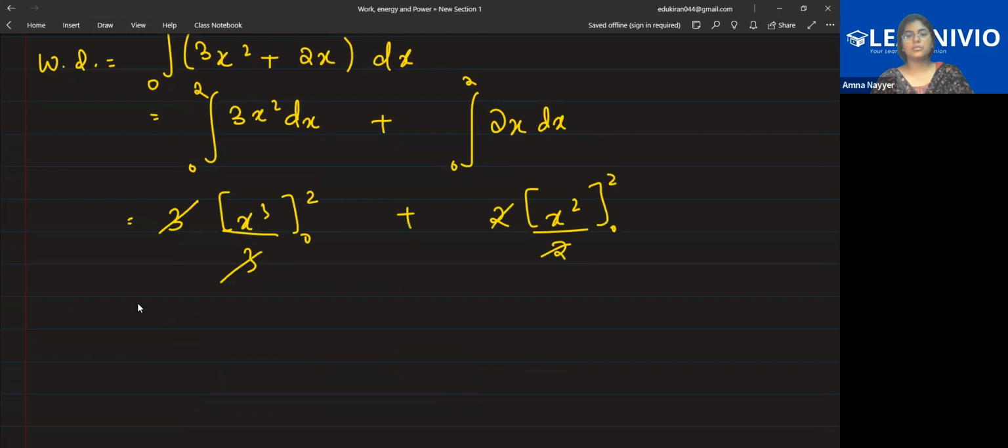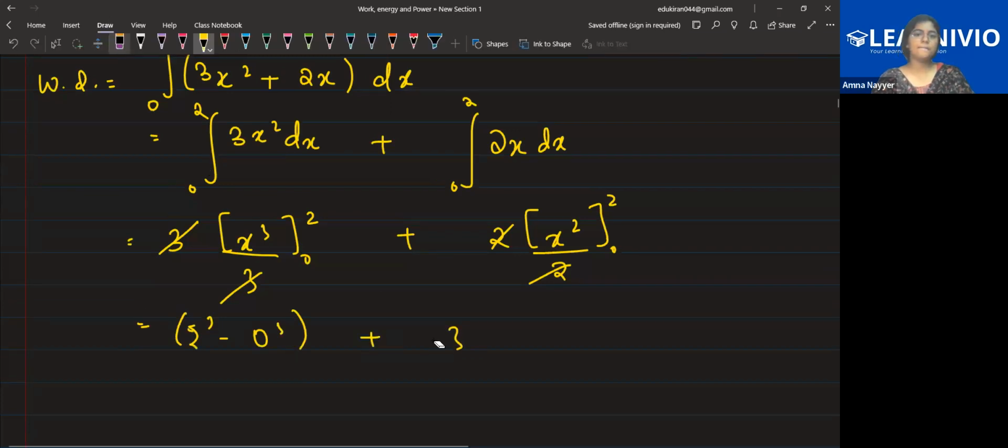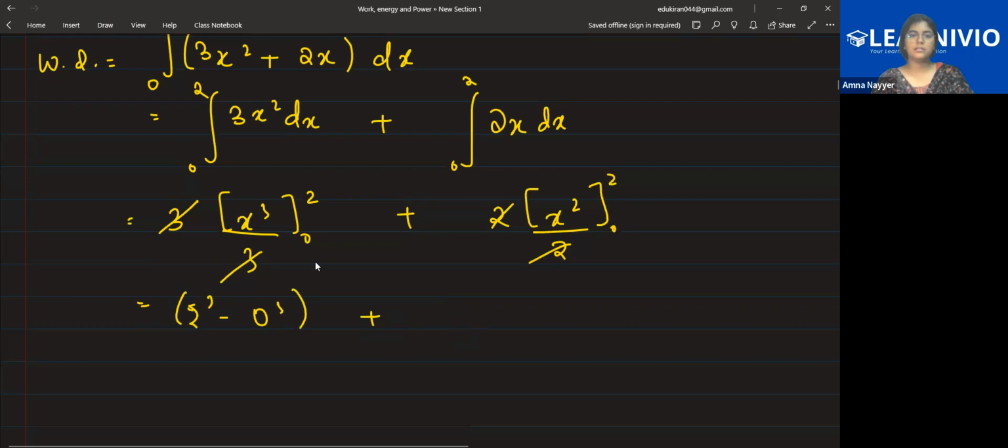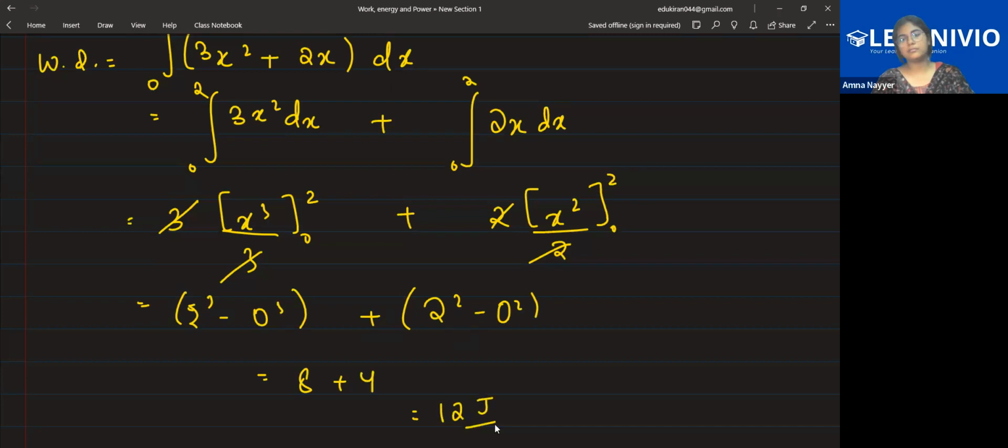So this is 2 cube minus 0 cube plus 2 square minus 0, which is 8 plus 4, 12. Write it. Correct. Shaima, not Newton, joules.